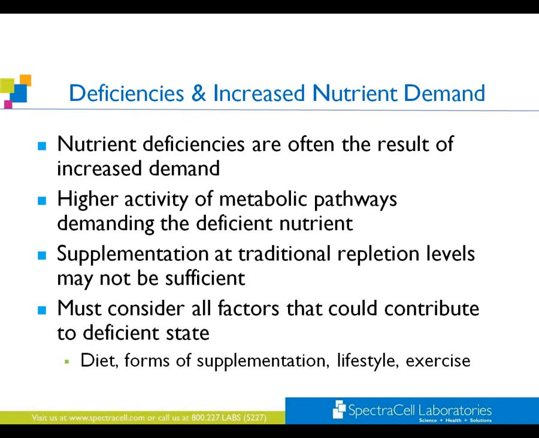As opposed to using, say, 250 milligrams of pantothenic acid, that individual may benefit more from 750 up to a gram of pantothenic acid. It really depends on their needs and demands, and the further into that deficiency state they are, the more aggressive you're going to want to be to help them pull out of it.